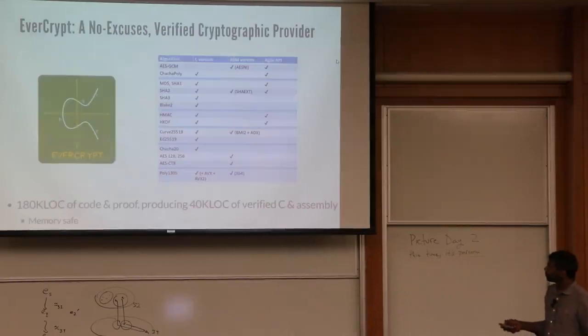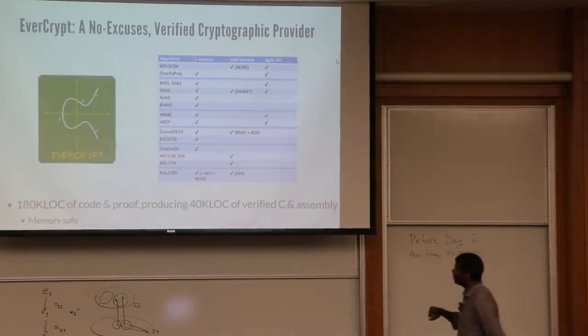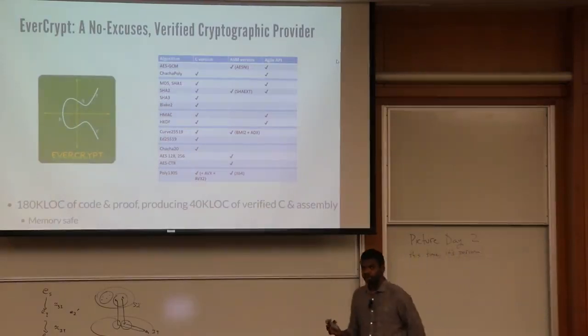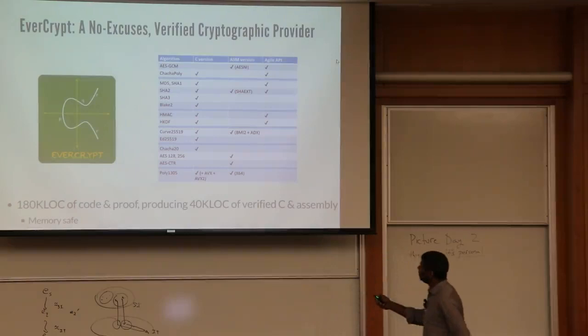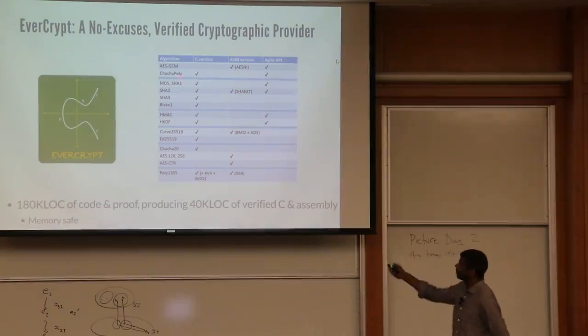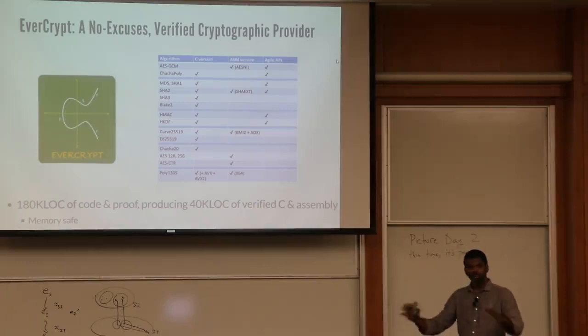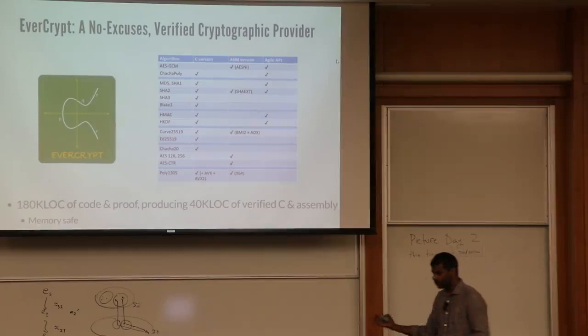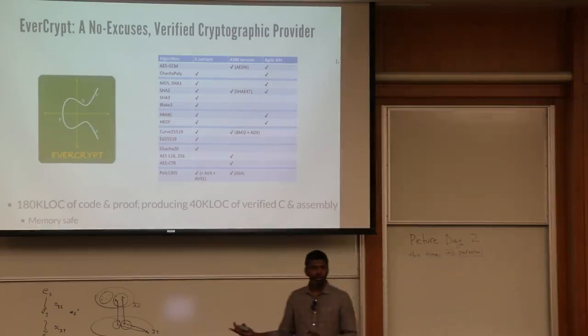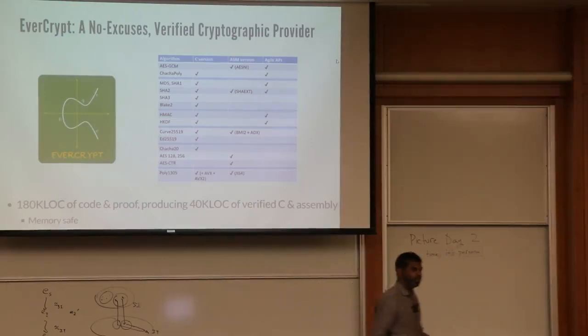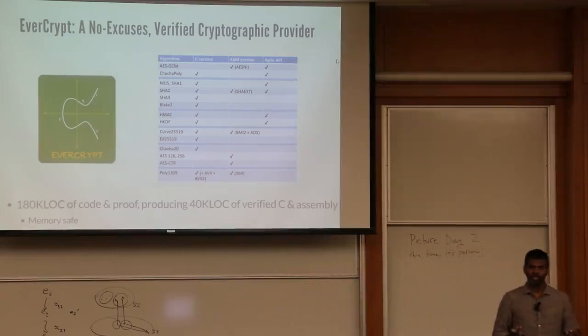So let me tell you a bit about EverCrypt, just a couple of slides. EverCrypt is our main crypto provider. A crypto provider implements a suite of crypto algorithms and constructions and packages it in a way that does several things for you. For instance, there are many ways in which you can do hashing: SHA-1, SHA-2, SHA-256, there are many hashing algorithms.